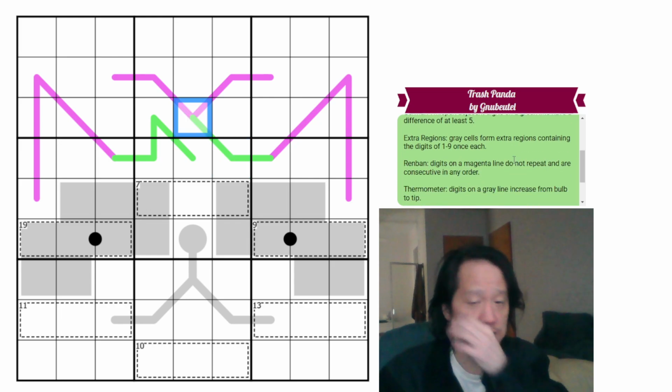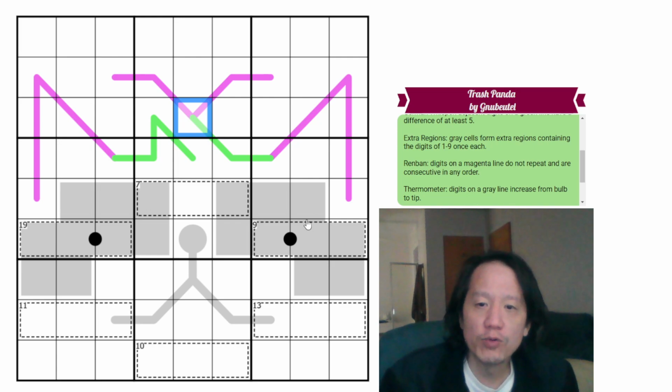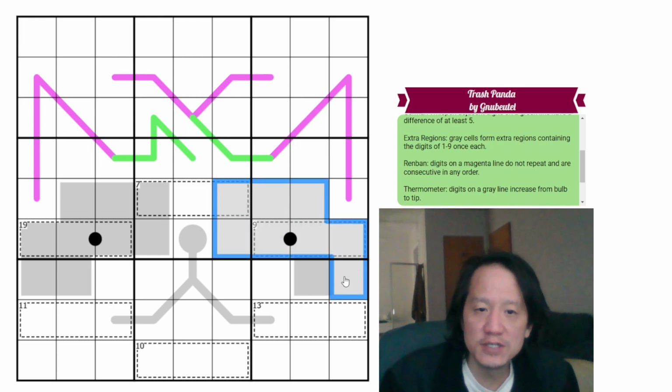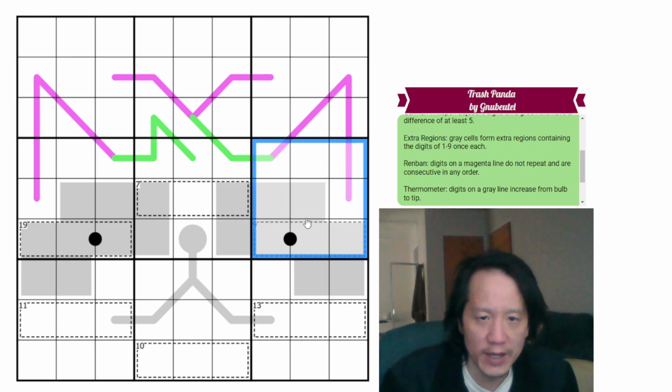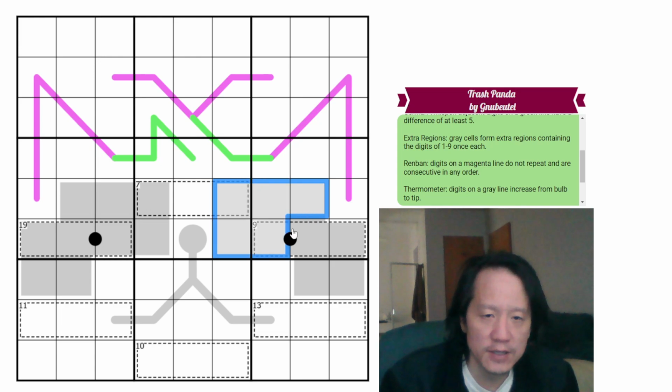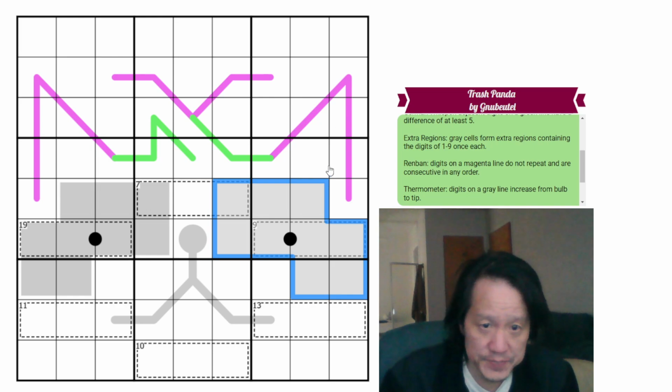Extra regions. Now, this is a kind of new rule set. Gray cells form extra regions containing the digits 1 to 9 once each. You can think of those as something similar to a 3x3 box, except that the region is this shape instead of the 3x3 box.